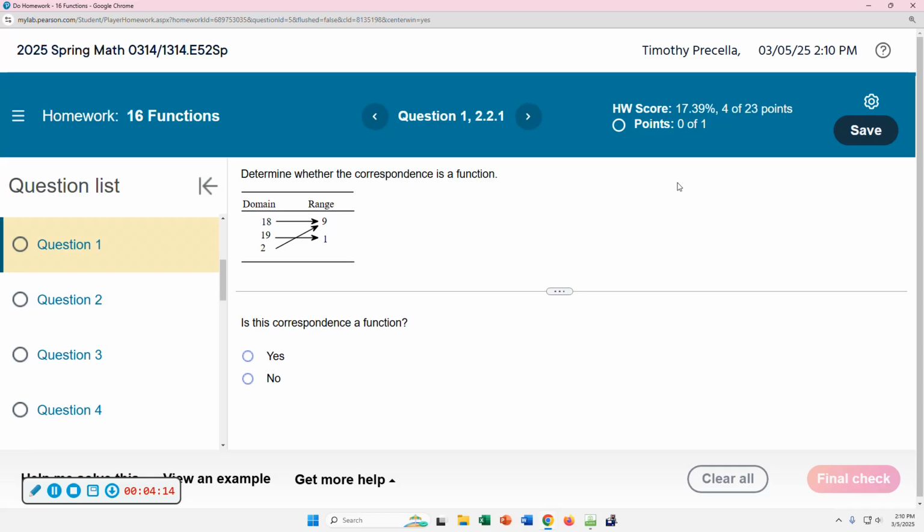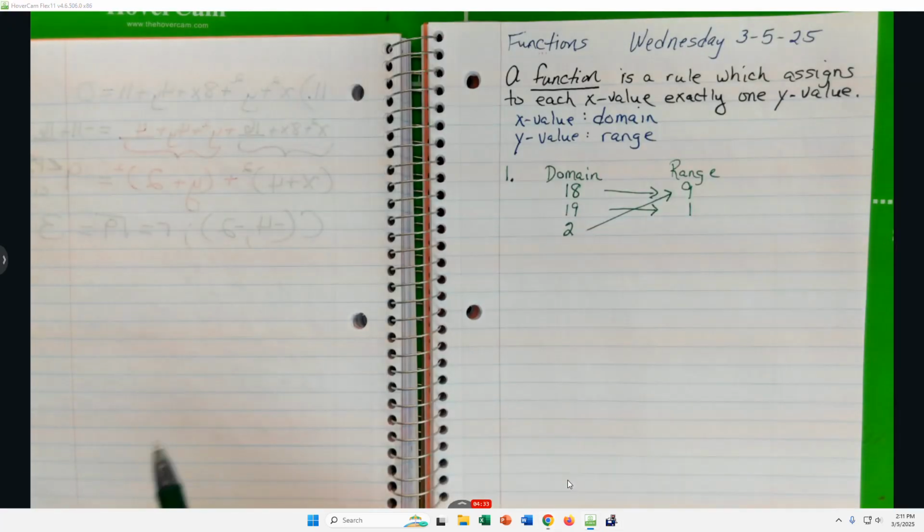The number 19 is being assigned the y value of 1. And the x value of 2 is being assigned the y value 9.